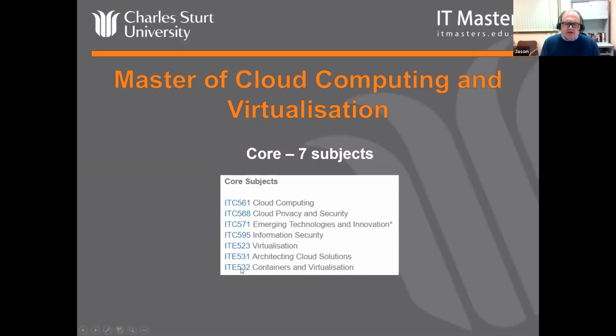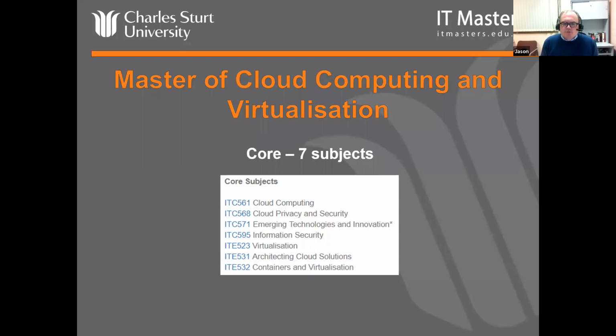But then you move down, and typically these subjects are delivered through IT Masters. I know that Scott, in fact, delivers a couple of these for us. ITE 531, Architecting Cloud Solutions, and 532, Containers and Virtualization. These subjects that are delivered through IT Masters, they're still CSU subjects, but they typically have a strong industry focus. So for example, ITE 523 Virtualization, it's all based on the installation and configuration of VMware vSphere software.